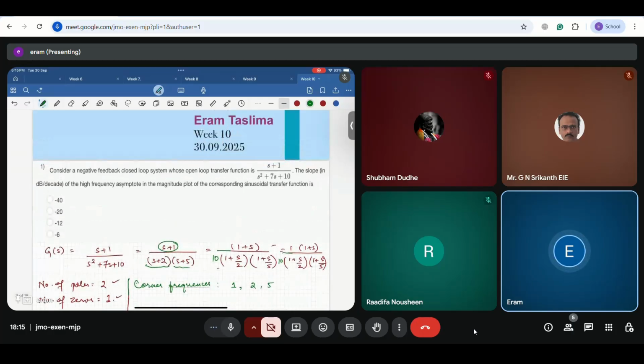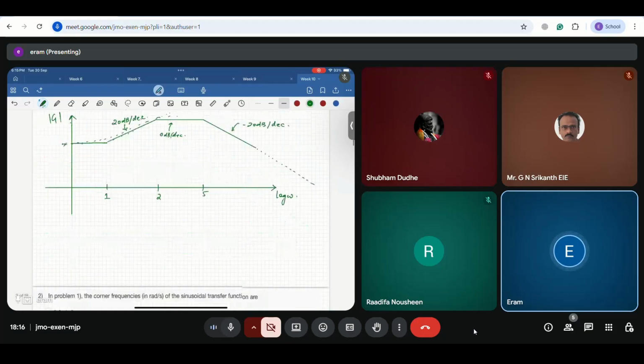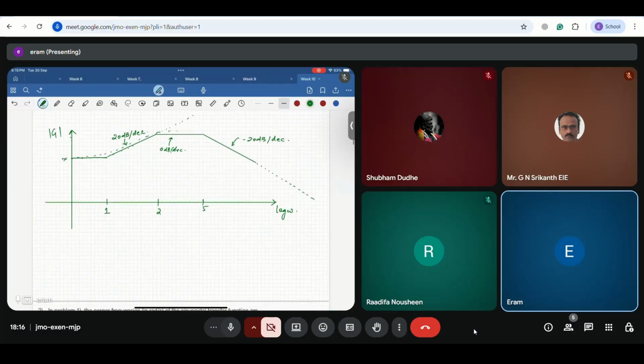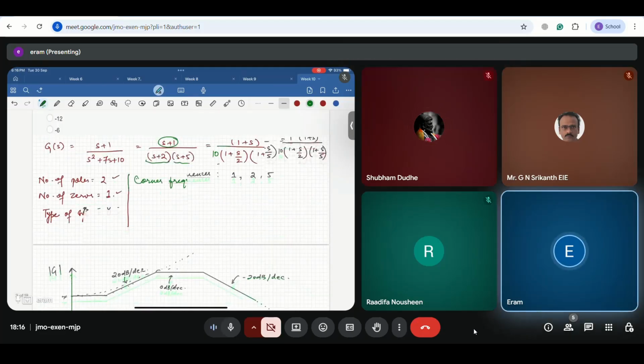Now if I ask you, what is the slope of the magnitude plot as frequency tends to infinity? If I increase frequency to infinity, what will be the slope of the magnitude plot? It will be minus 20 dB per decade.